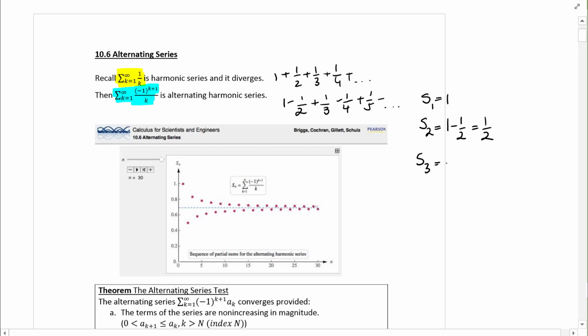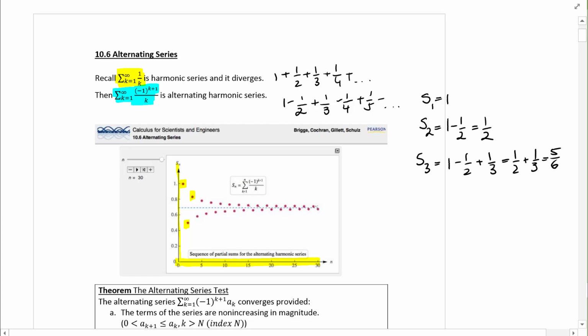S sub 3 is 1 minus a half plus 1/3, which is 1/2 plus 1/3, which is 5 over 6. And so on, which are actually plotted here. This is the x-axis, the n, and this is the s sub n. So 1 is here, a half is here, 5/6 is here, and so on.